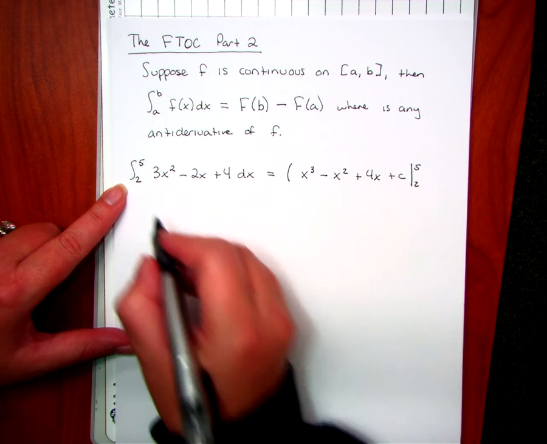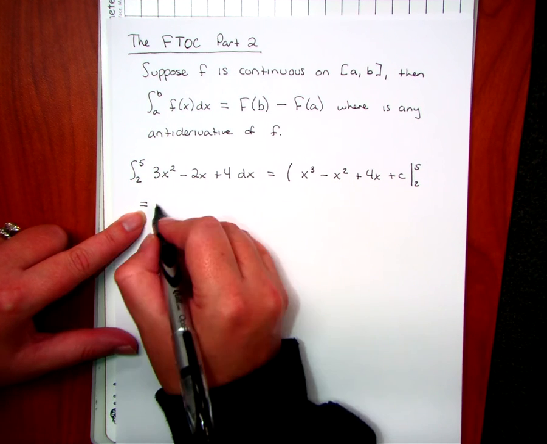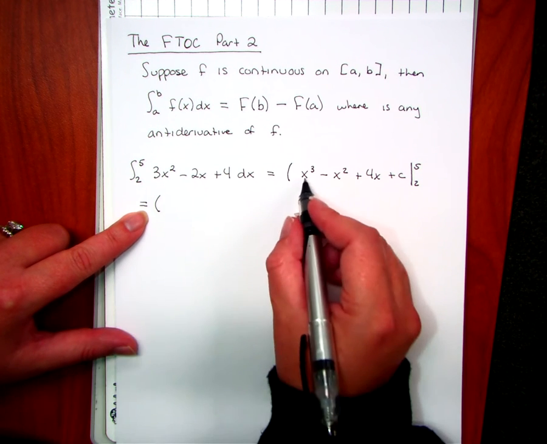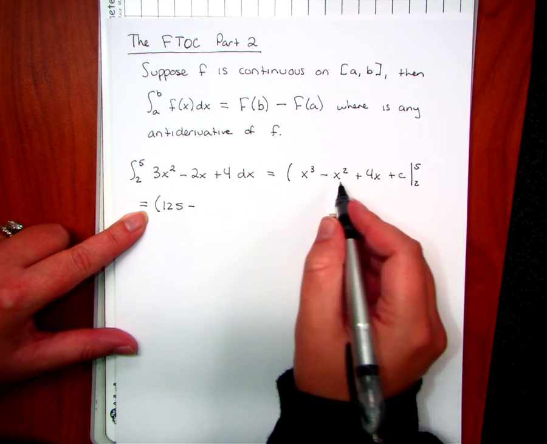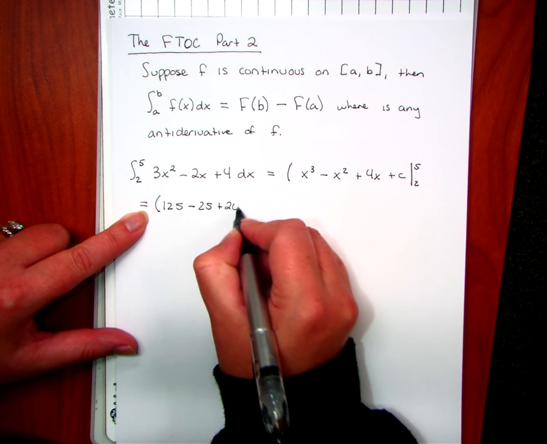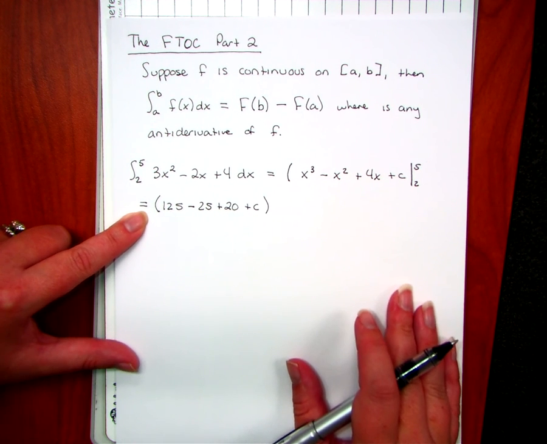So I am going to plug 5 in first. I'll get 5 cubed, 5 squared, 4 times 5, and then the c. So here's my antiderivative evaluated at 5.